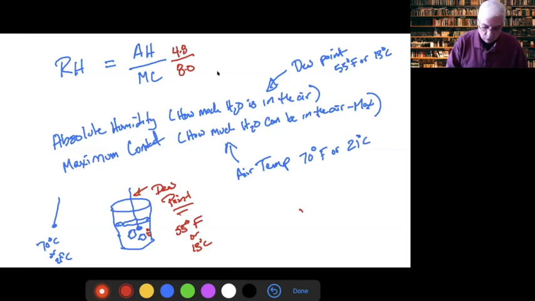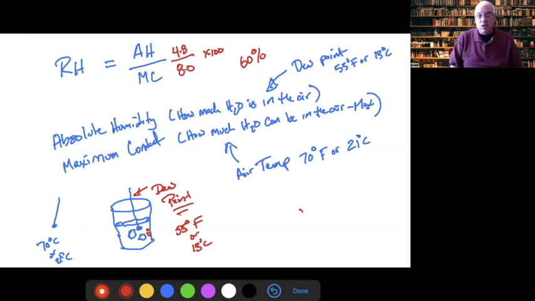And if I want to change this into a percentage, I'm going to have to multiply it by 100. And so it is very similar to a grade. The highest grade you could make right now is an 8, and what the air got was a 4.8 out of 8. So I take 4.8 divided by 8 times 100. It would be a 60% relative humidity.